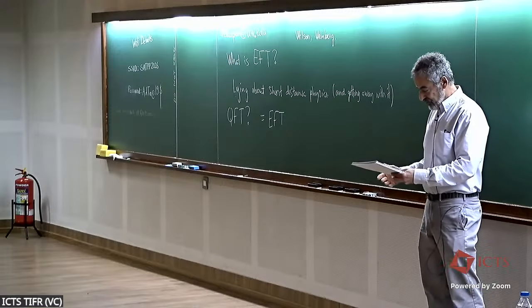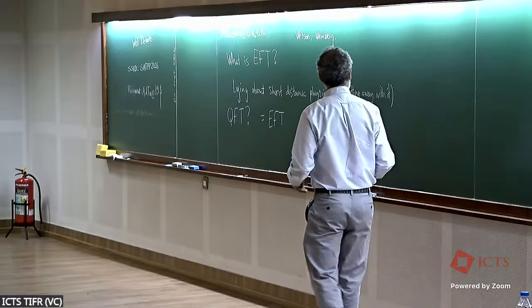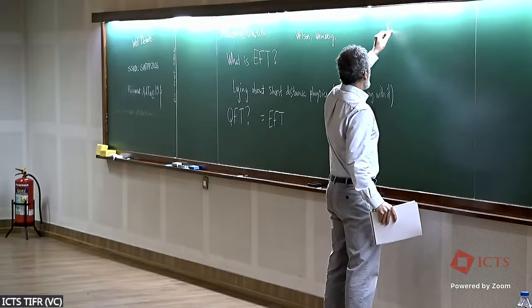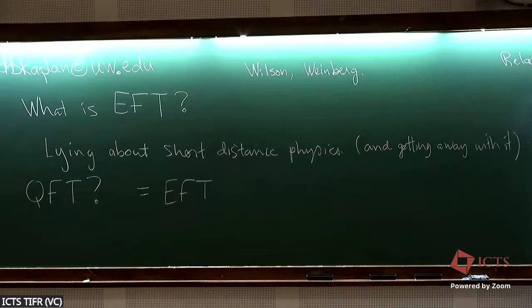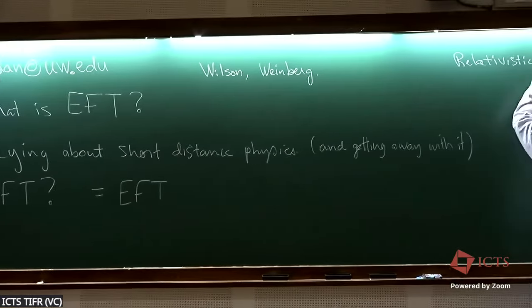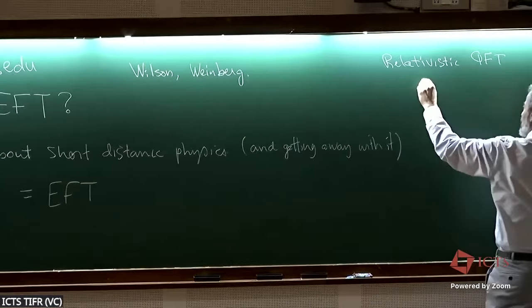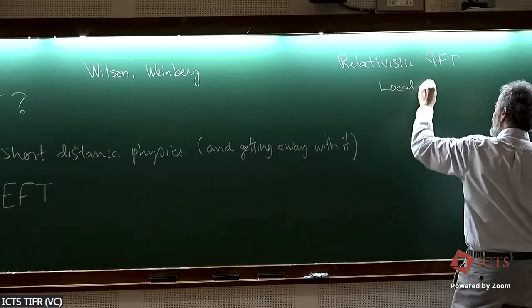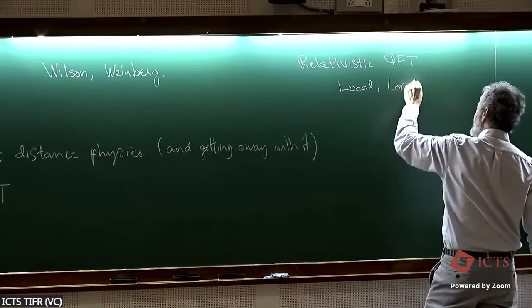That's one difference. But the really big difference is that for a relativistic quantum field theory, you want to write down local Lorentz invariant interactions.